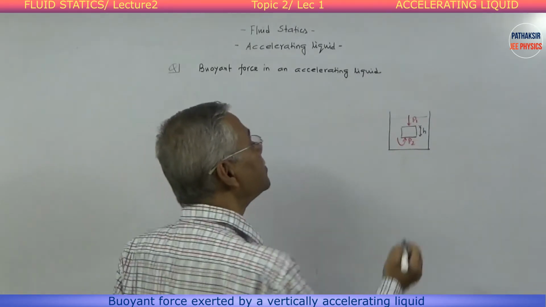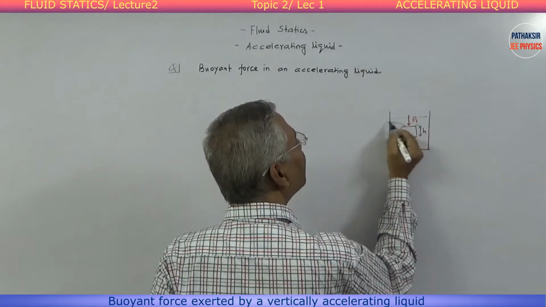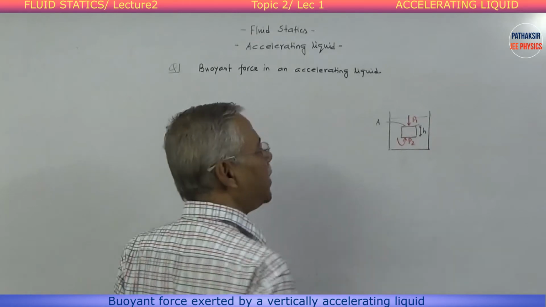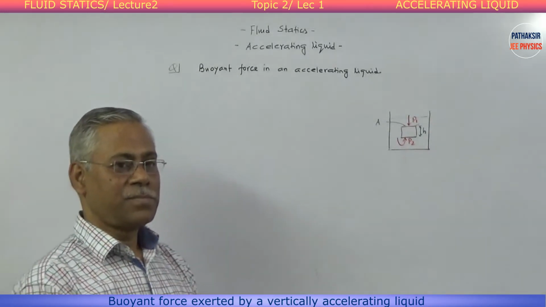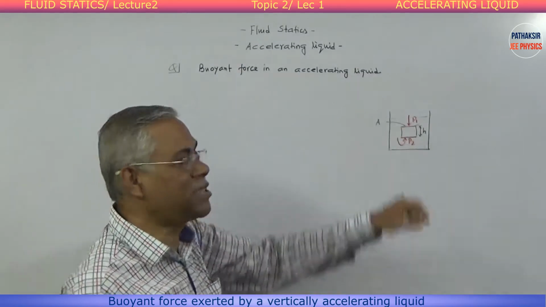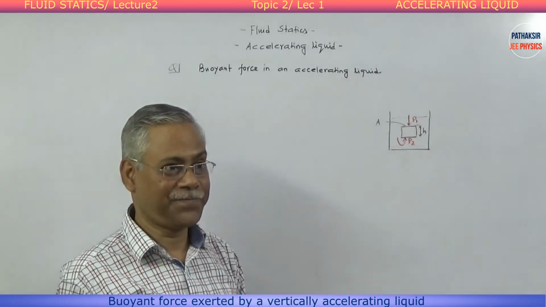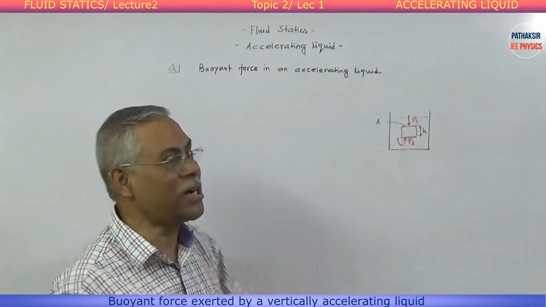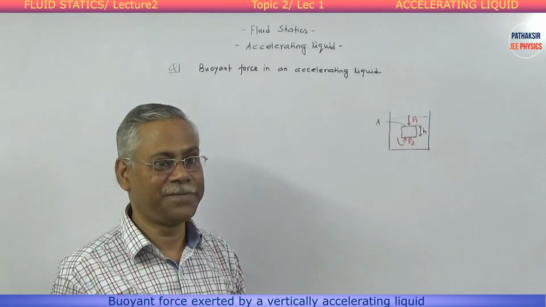And the area of cross section is A. So what is the force acting on the upper surface? P1 into A. What is the force acting on the lower surface? P2 into A. Which force is greater?